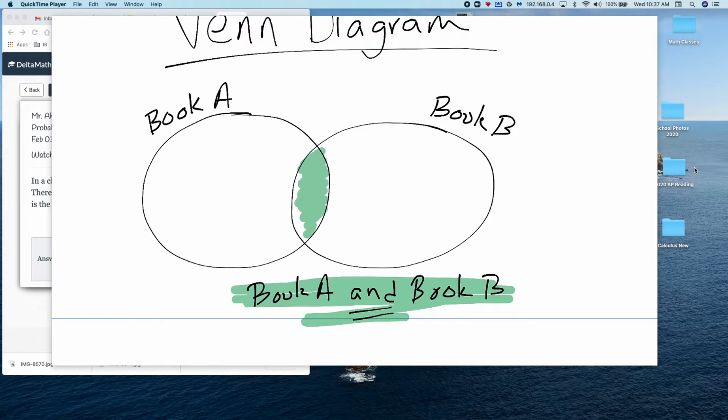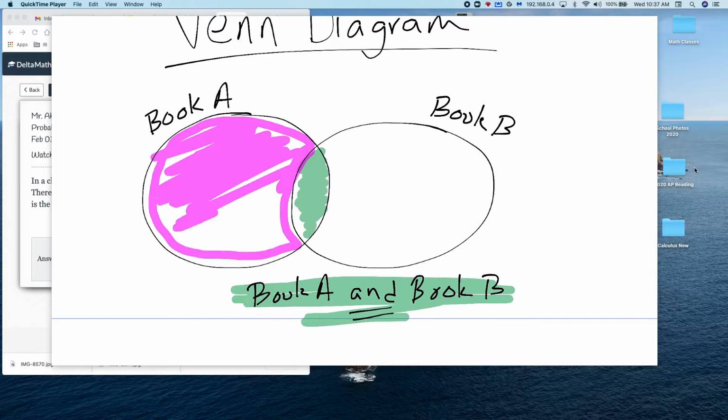If you think about just this part right here, that part just represents book A only.